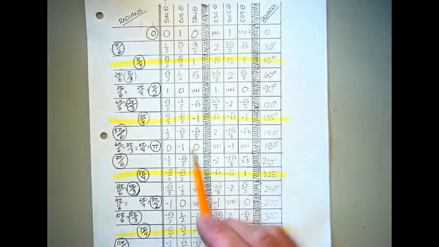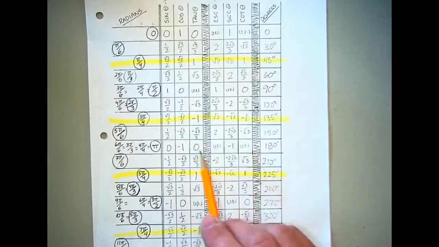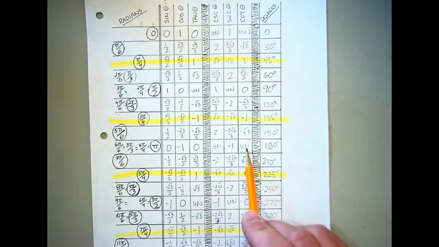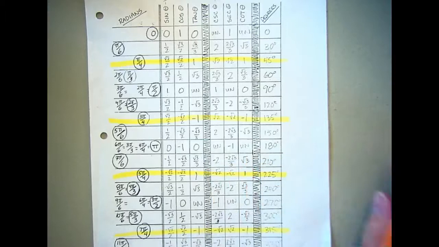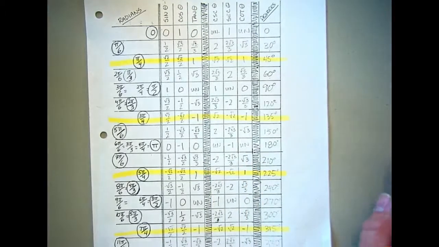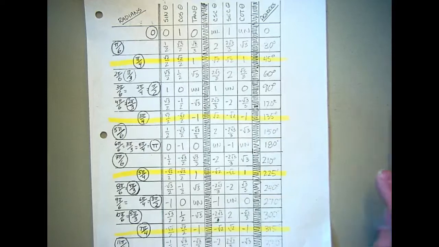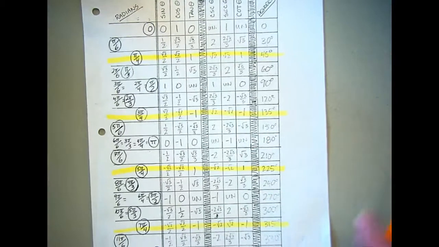In a similar situation, when I have this guy here, tangent, well, to write tangent as a fraction, I put a 1 under it, so it's 0 over 1. Well, when I flip that, I get 1 over 0 for cotangent. That's undefined. Okay? Any questions on this? Make sure your table's accurate. We're going to use that tomorrow for graphing. I'll leave it up there for you.